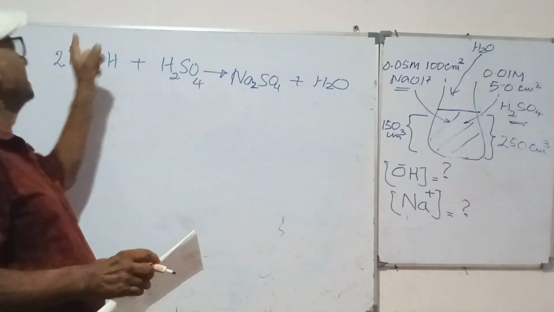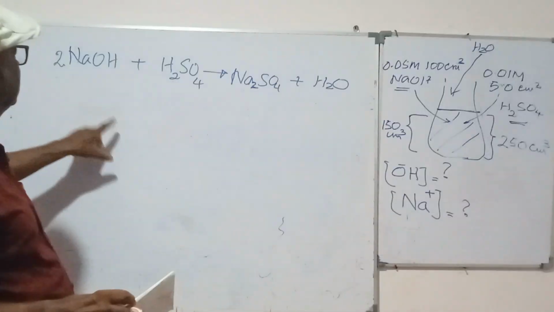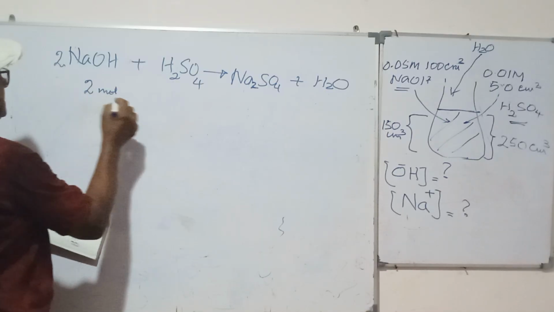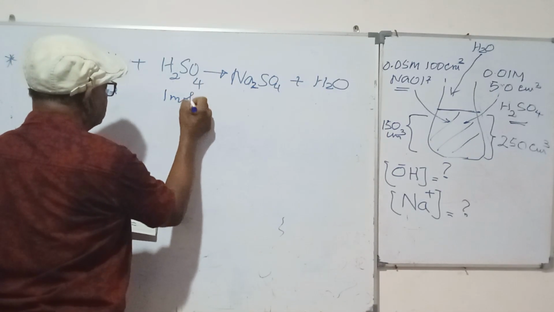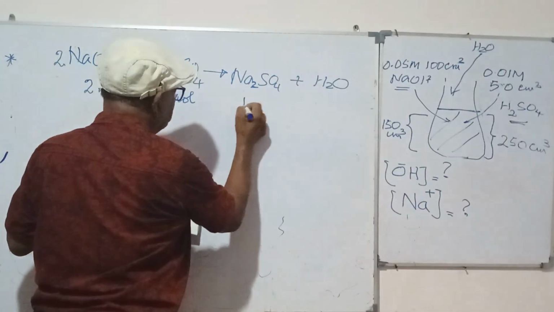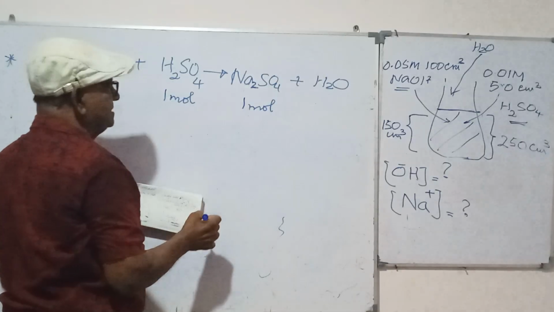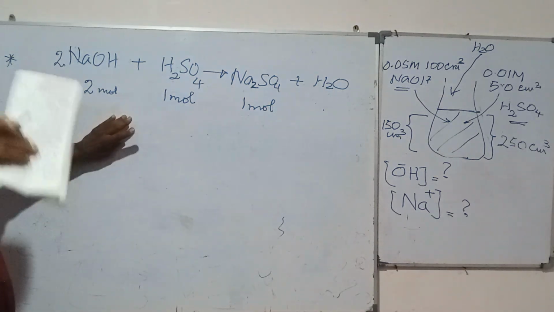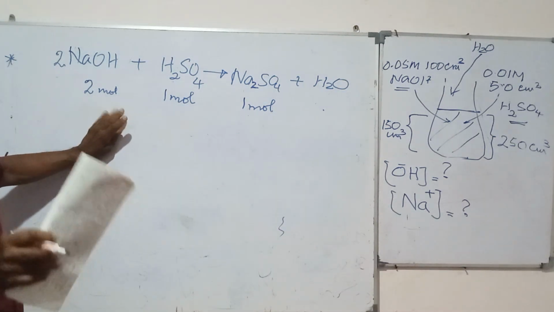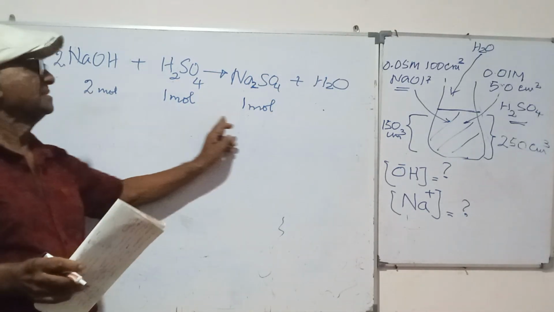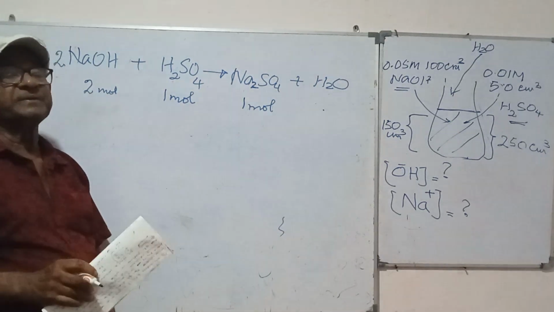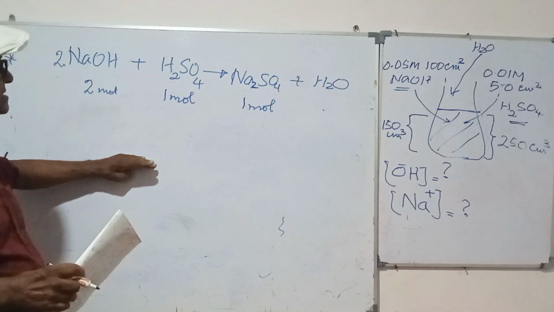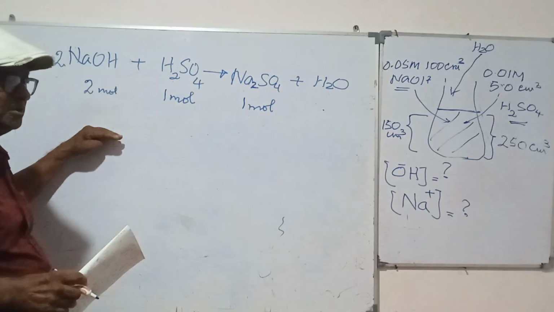See here, 2 moles of NaOH react with 1 mole of sulfuric to give 1 mole of sodium sulfate and 1 mole of water. This reaction always occurs anywhere if we add any amounts according to that ratio. It is the stoichiometry. Then we must go through this calculation based on this stoichiometric ratio.